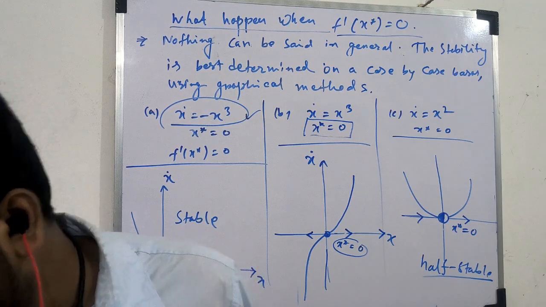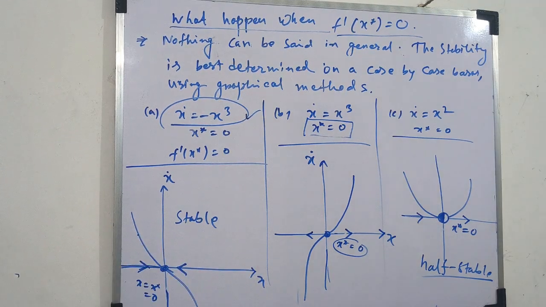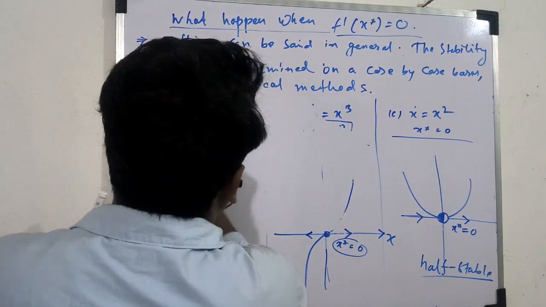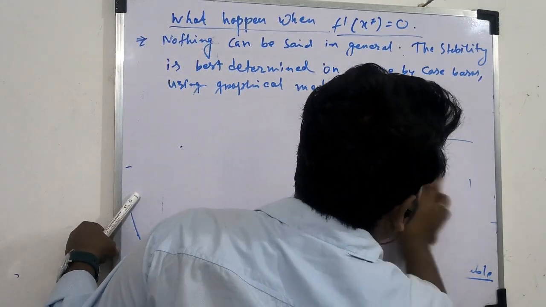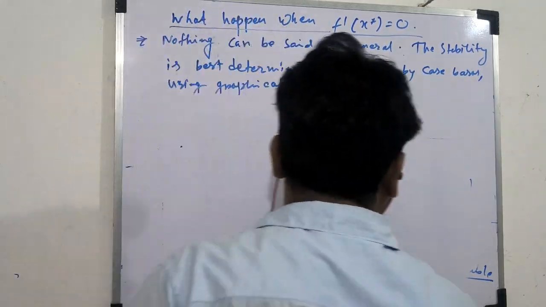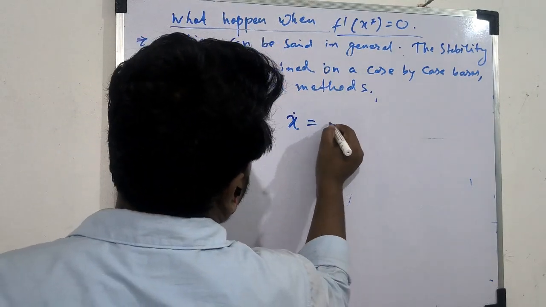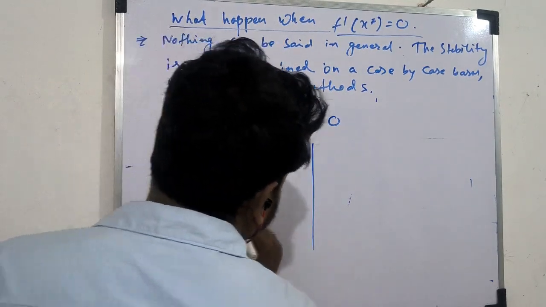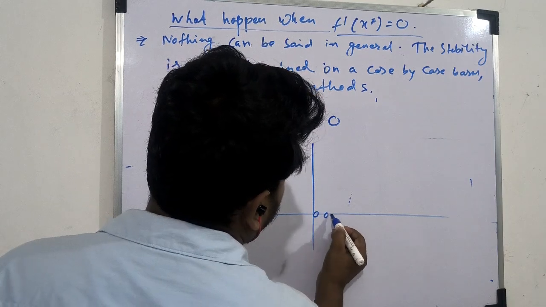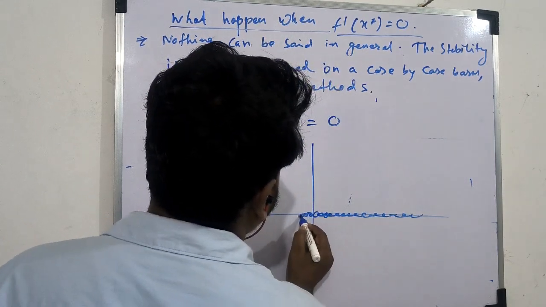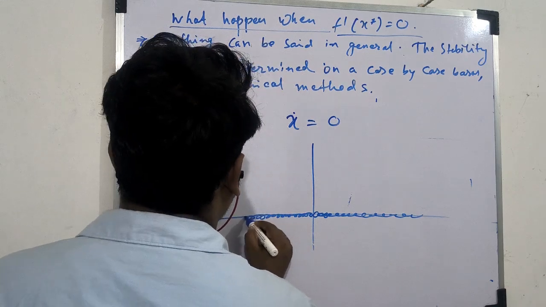And another case is x star equal to 0, and if x is not equal to 0, what will happen? If the system is x dot equal to 0, then the system will always look like this: the x axis will be the equilibrium point.